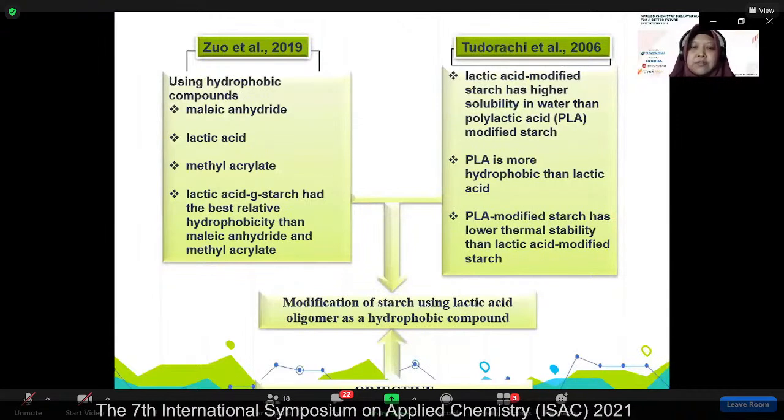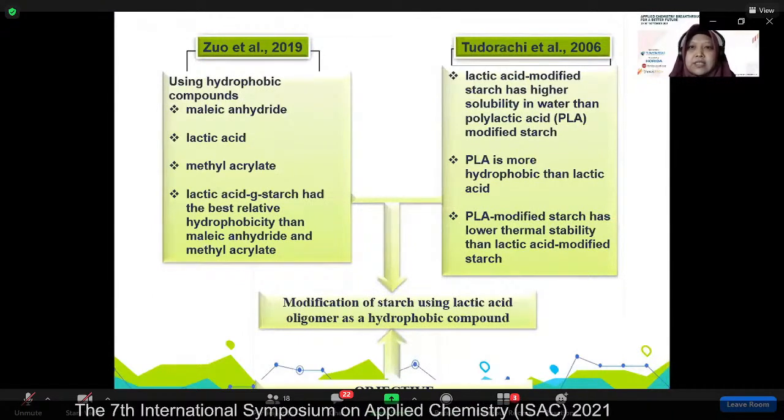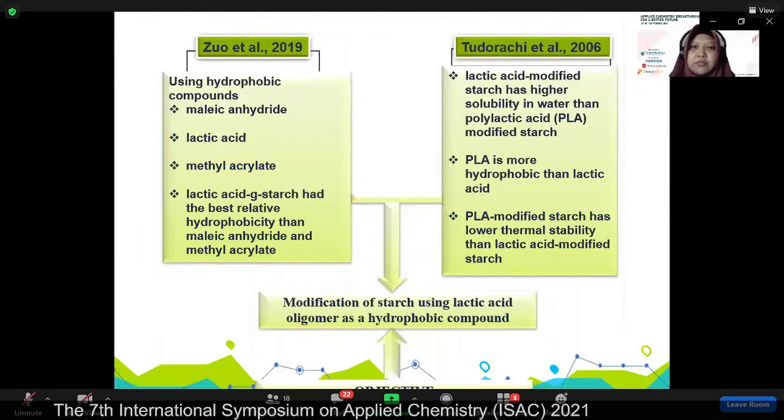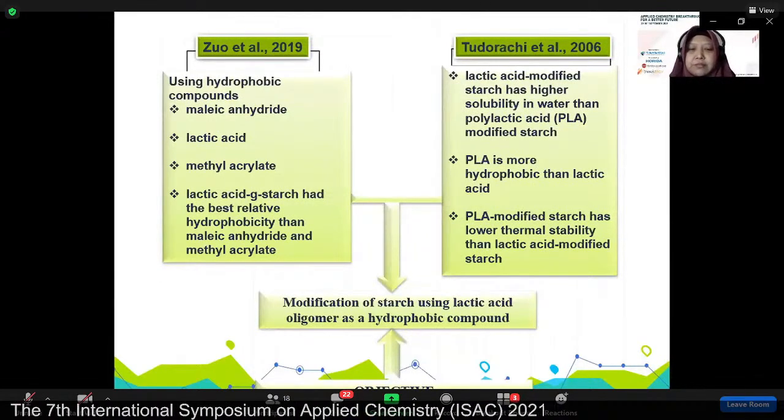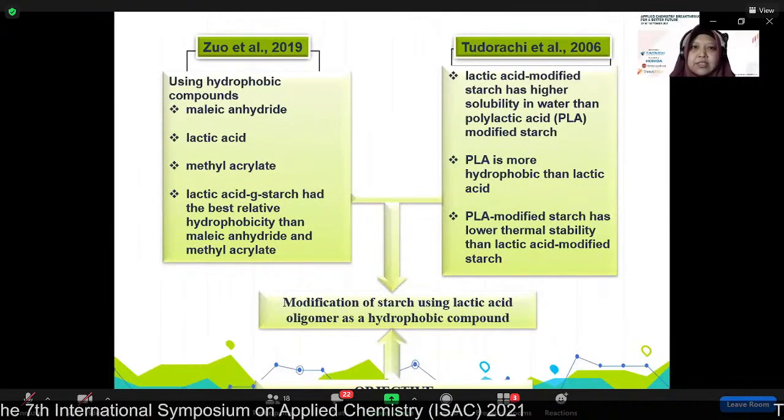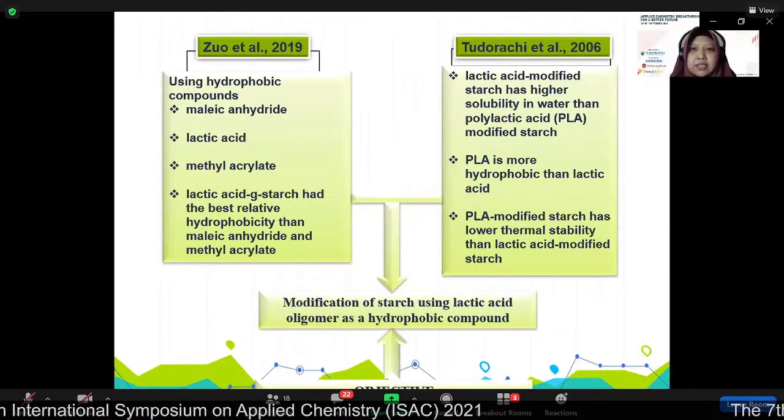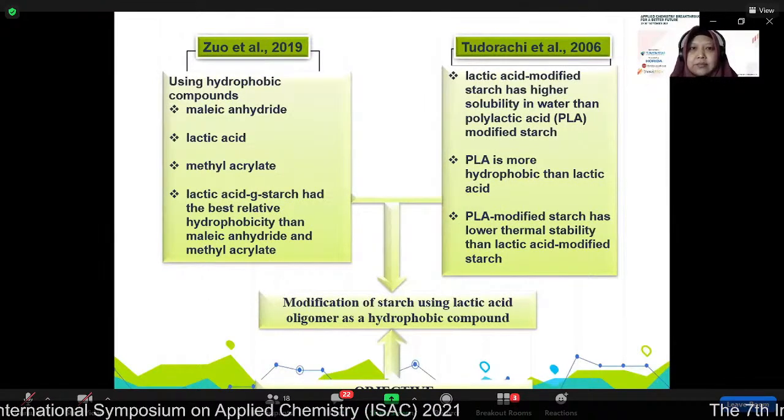Zhu et al. have reported the use of maleic anhydride, lactic acid, and methyl acrylate for chemical modification of starch. Among these hydrophobic compounds, lactic acid grafted starch had the best relative hydrophobicity compared to maleic anhydride and methyl acrylate.